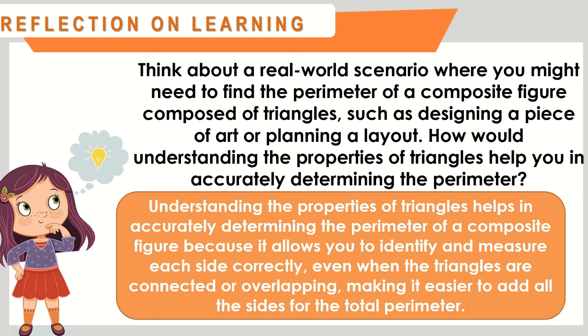Understanding the properties of triangles helps in accurately determining the perimeter of a composite figure because it allows you to identify and measure each side correctly, even when the triangles are connected or overlapping, making it easier to add all the sides for the total perimeter.